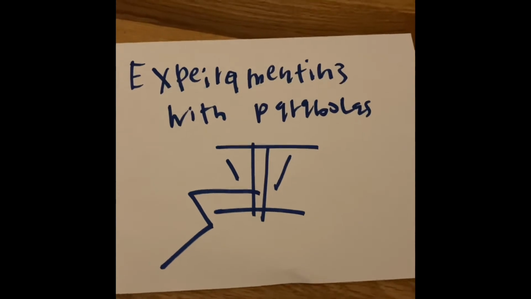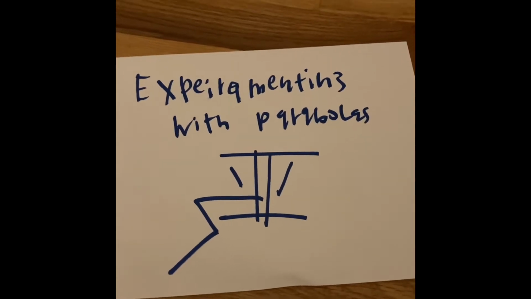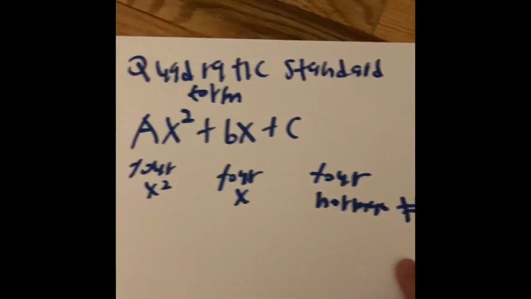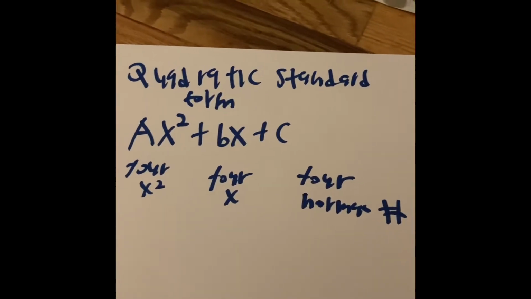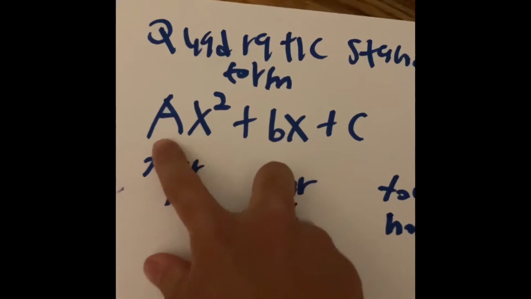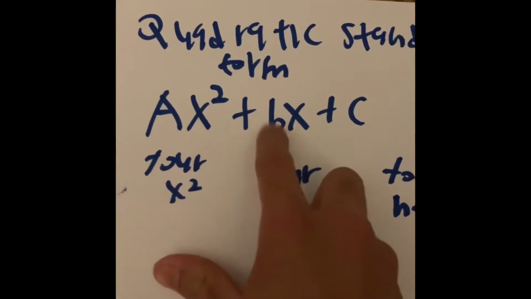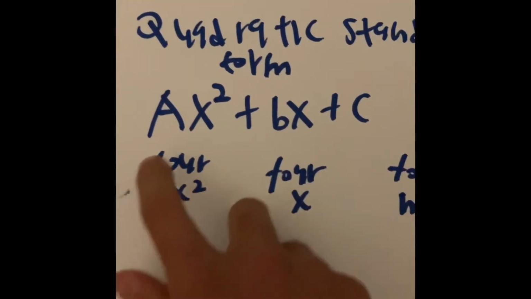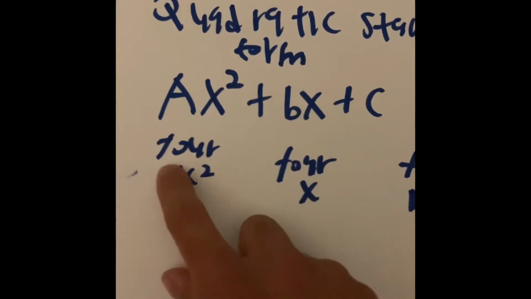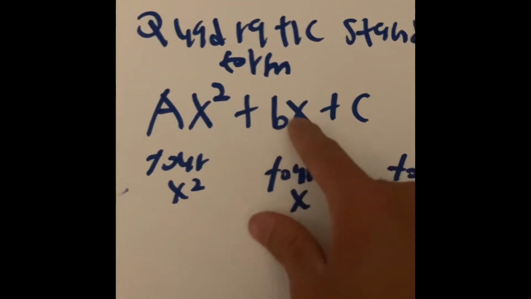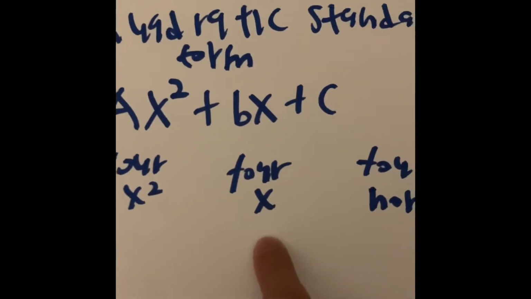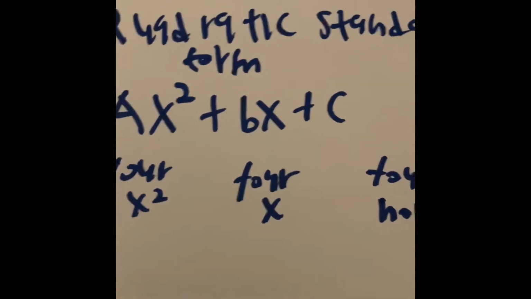The equation we're going to be using today is quadratic standard form. A quadratic standard form equation is ax squared plus bx plus c. Your ax squared would be your x squared. Your bx would be your normal x, or one variable as x.